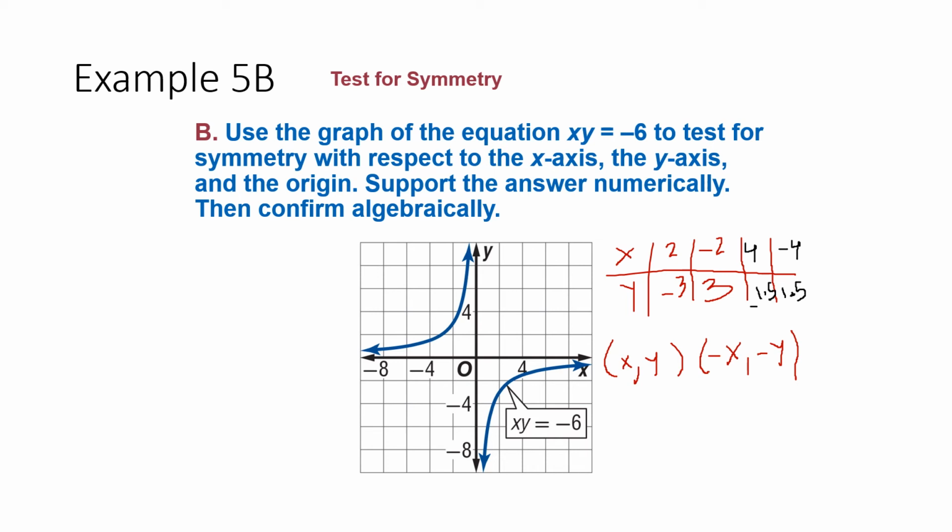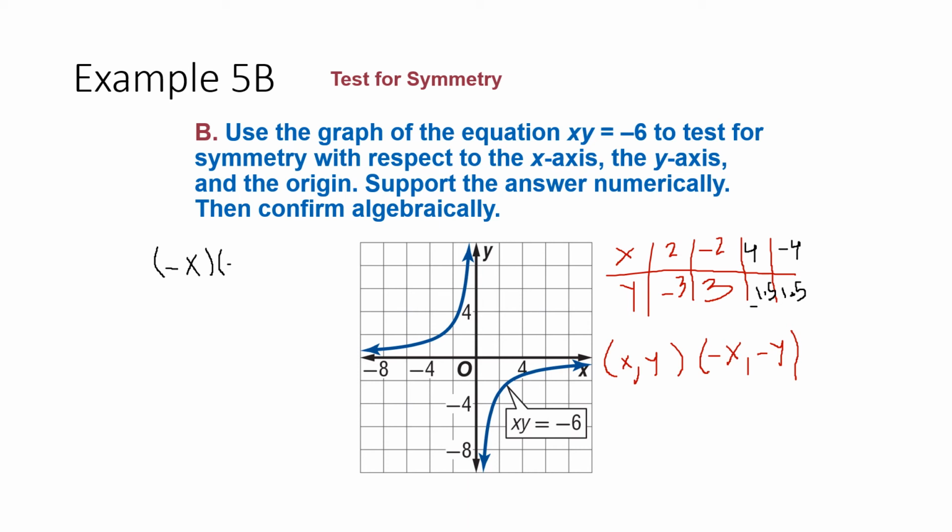What about confirming it algebraically? To confirm that it's symmetric about the origin, change the signs of both x and y. When we tested symmetry about the y-axis, we changed the sign of the x, and if it stays the same as the original function, then it's symmetric about the y-axis.